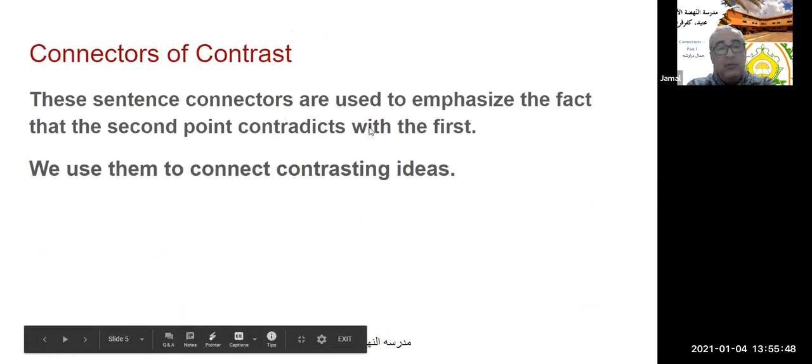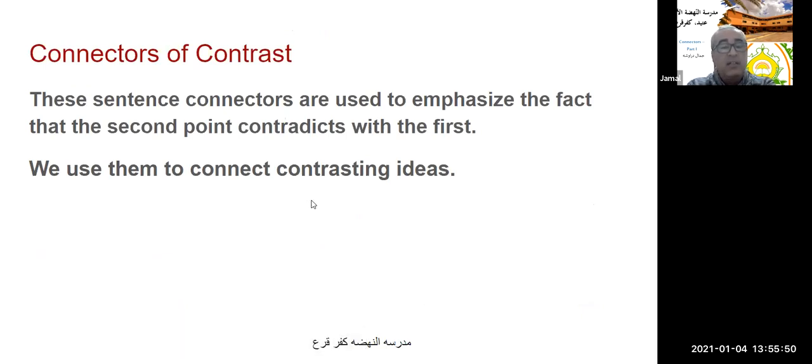Let's move now to another kind of connectors, which is called the connectors of contrast. What are the connectors of contrast? These are sentence connectors that are used to emphasize the fact that the second point that we mentioned contradicts the first point.